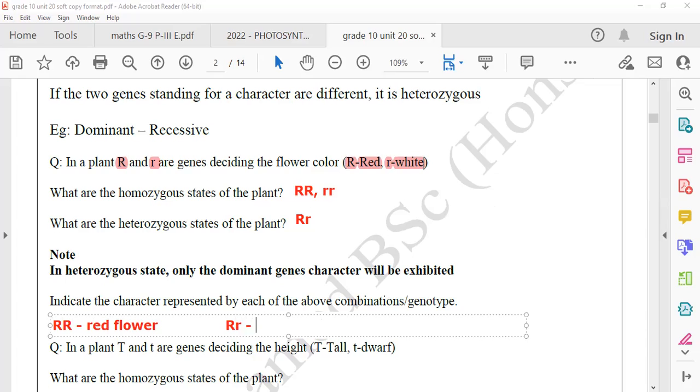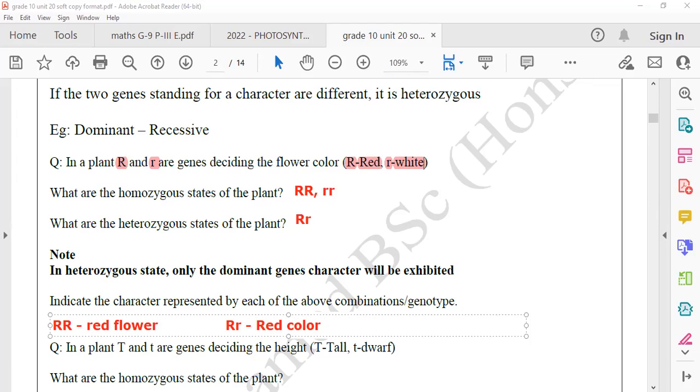Why do we mark capital R? We mark capital R to show it is a dominant character. Correct? So if capital R, simple r combination is there, what is the color coming out? Red color.